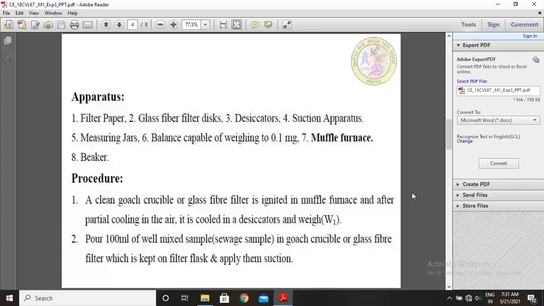Second step, pour 100 ml of well mixed sample, that is sewage sample, in the gauge crucible or glass fiber filter, which is kept on the filter flask, and supply suction.